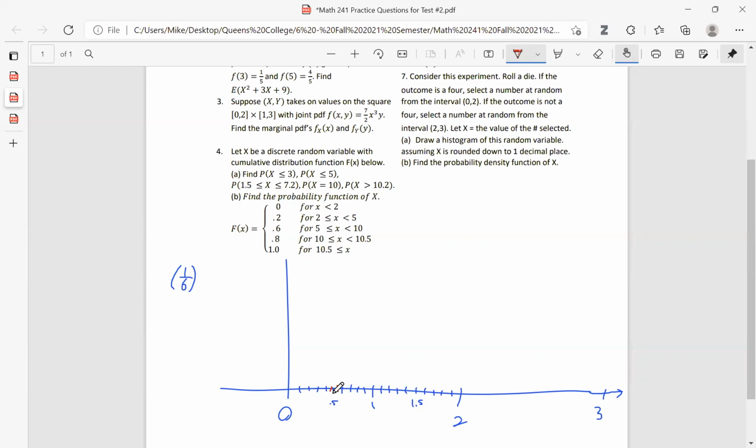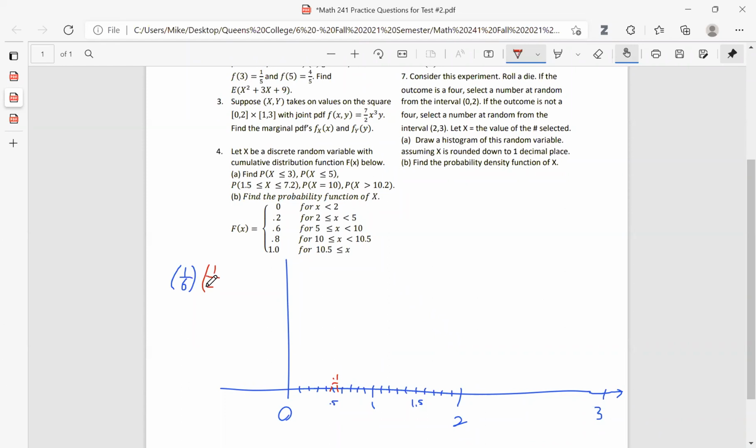This interval would have length 0.1, because it's half of a tenth to the left and half a tenth to the right, which would round to that nearest tenth. So that's 0.1 out of the total 2 space, which makes up 1/20th of the total space.